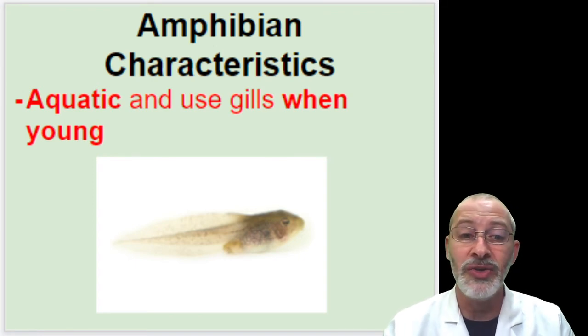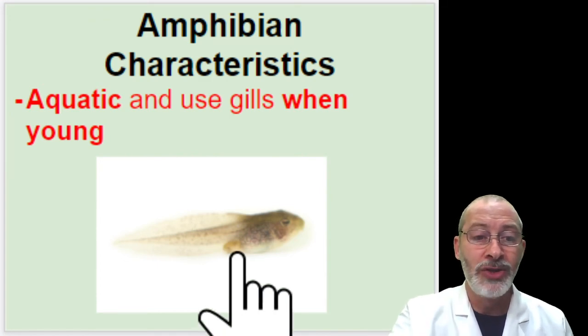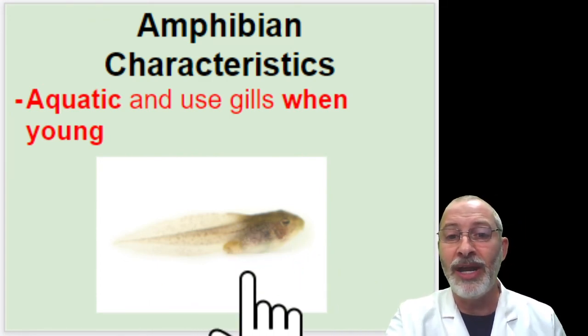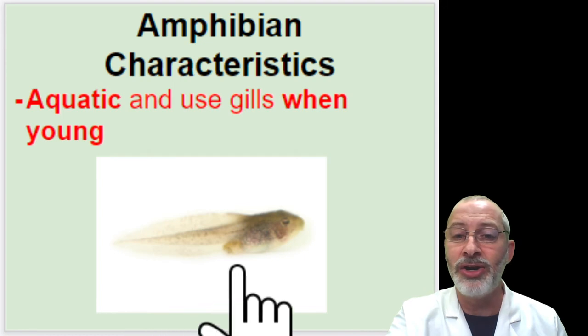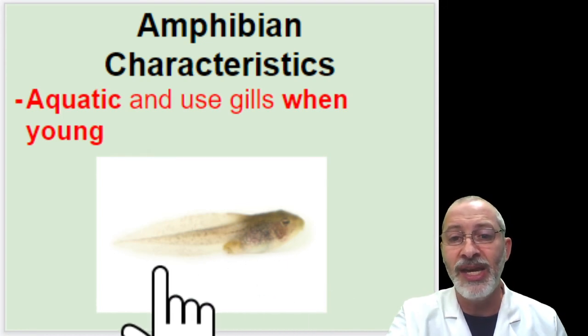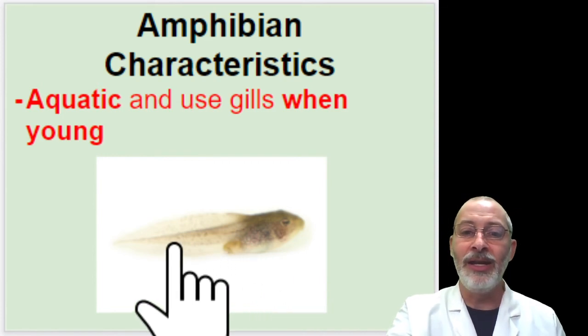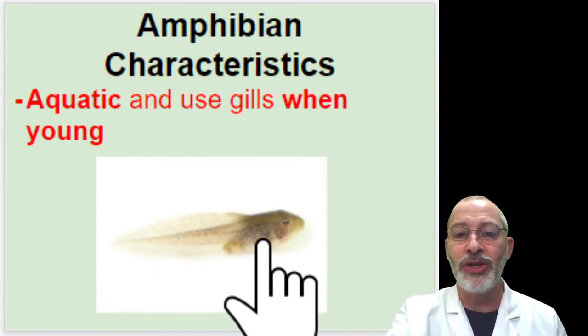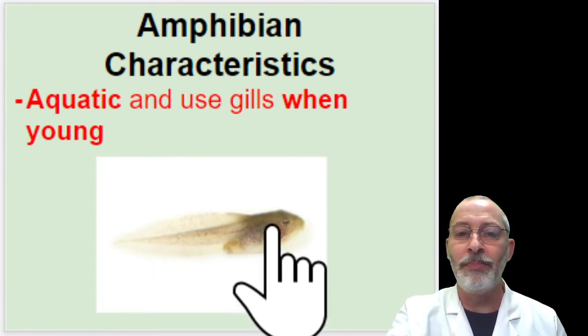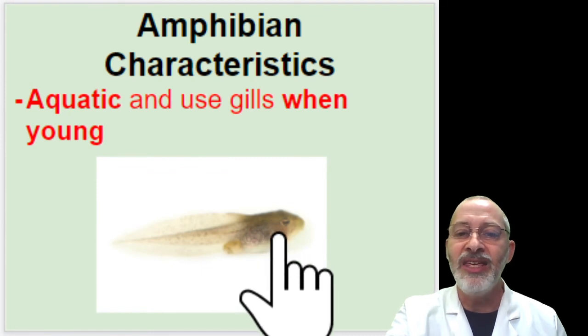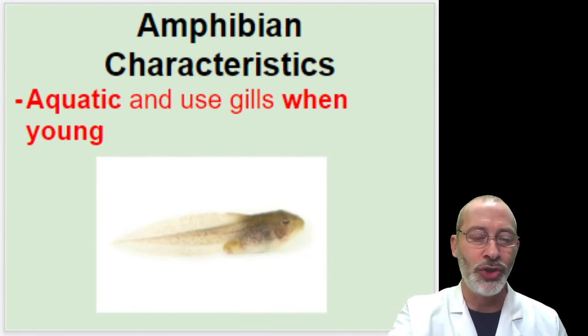They have gills like fish. So here's an example of an amphibian in a younger life stage. This is a tadpole or pollywog, and it looks more like a fish. There are no arms or legs, and it breathes with gills like fish do.